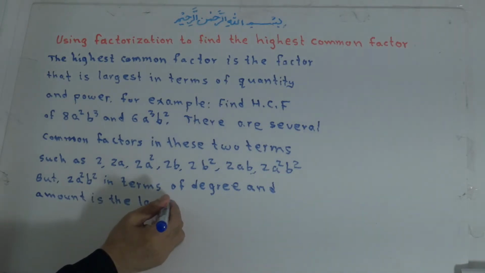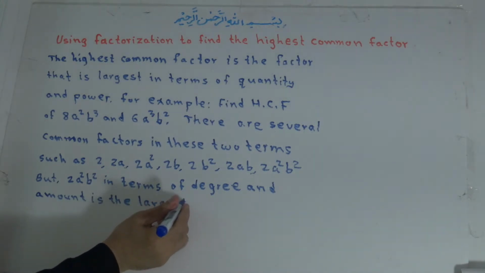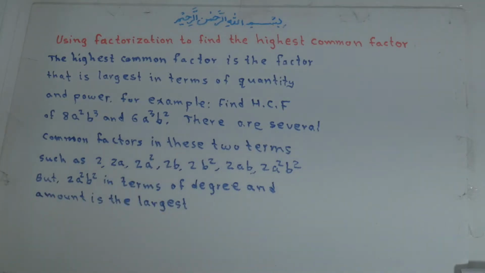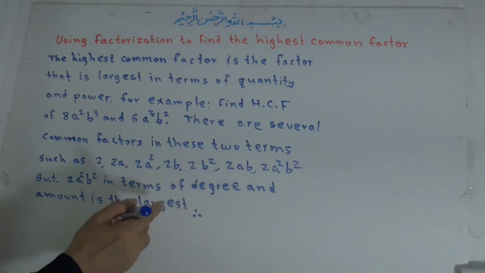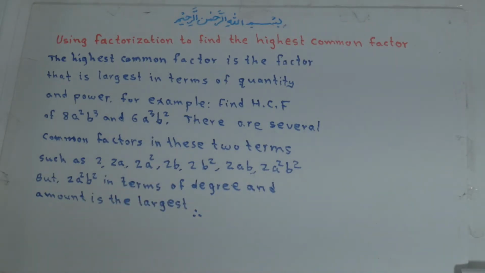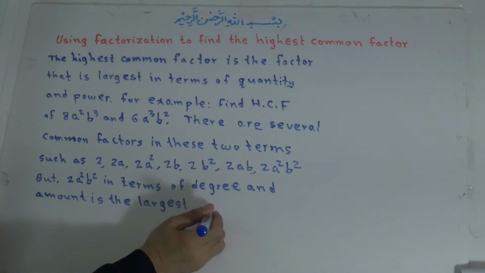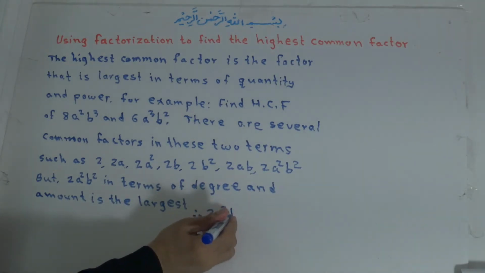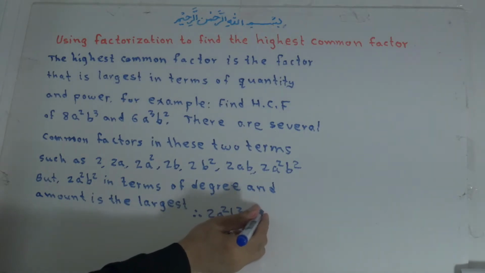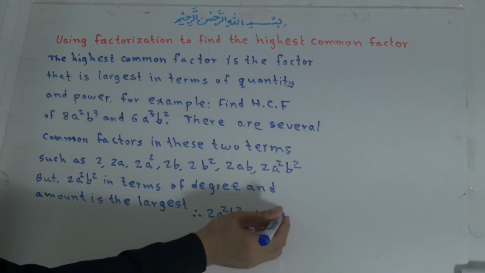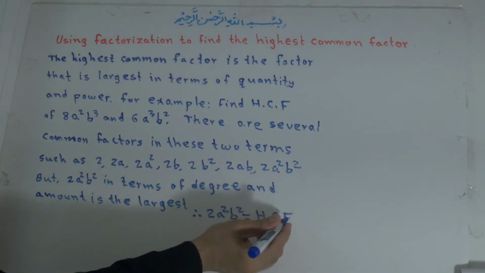Yes. Therefore, 2a to the power of 2, b to the power of 2 is equal to the HCF. HCF means highest common factor.